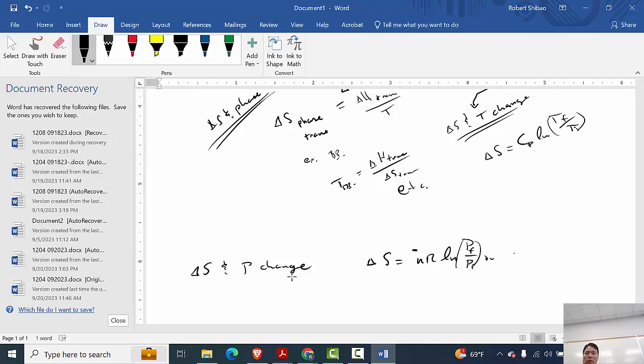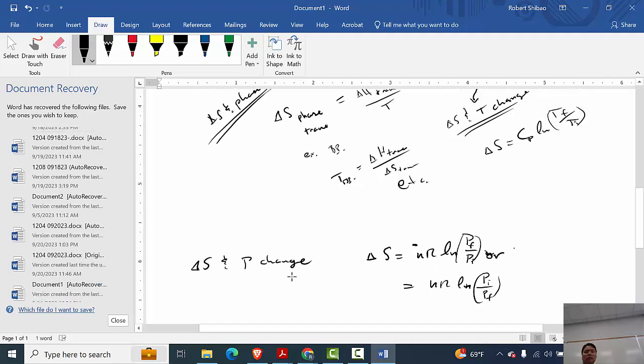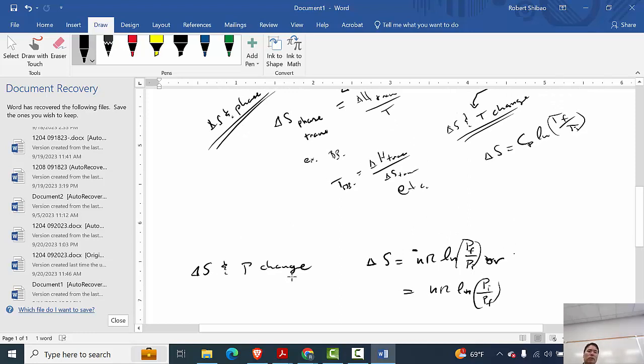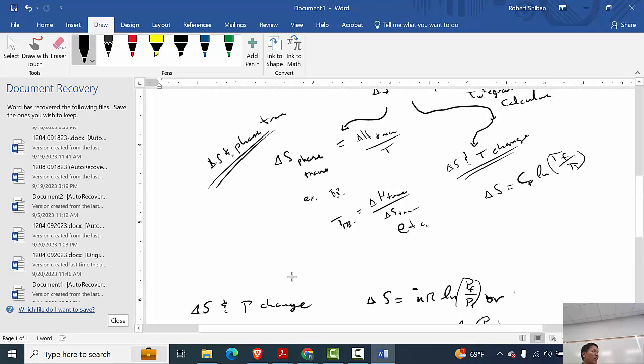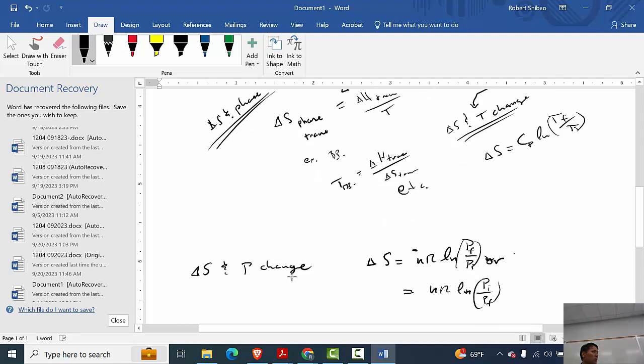Or equal to NR ln P initial over P final. Then we don't have to change it. But it doesn't match here. This is final over initial. This is initial over final. Now, if we do a temperature and pressure change, we just add the two terms up. So we do the entropy change due to the temperature change plus the entropy change due to the pressure change.